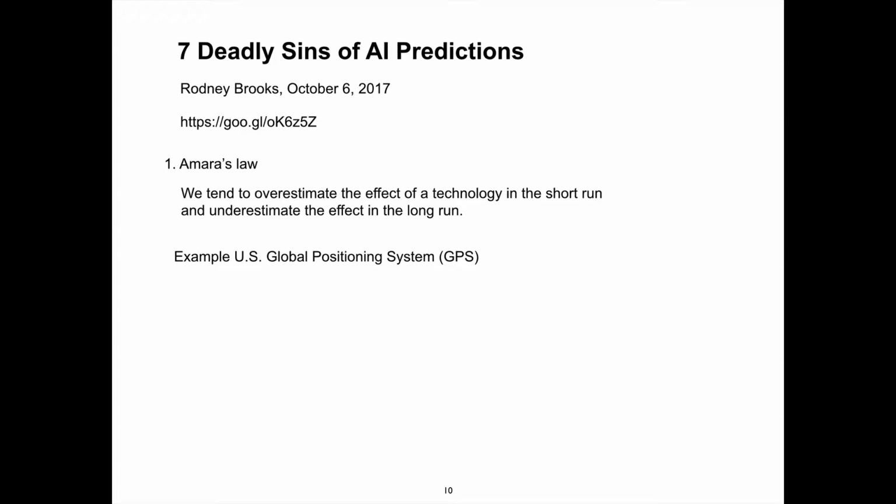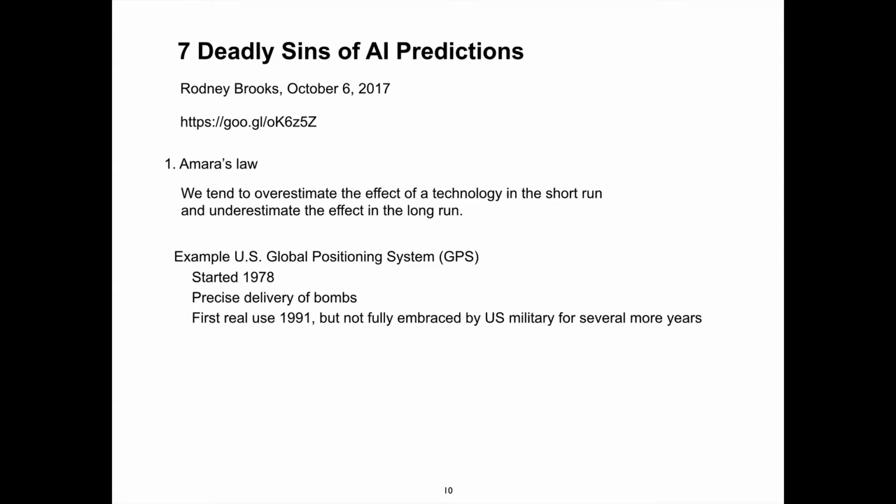That was the entire goal of the GPS system, period. It started in 1978. Launch all these satellites, so we can say we want the bomb to land on this square, and it's going to land on this square. It wasn't until 1991 that they actually used it for that purpose for the first time.